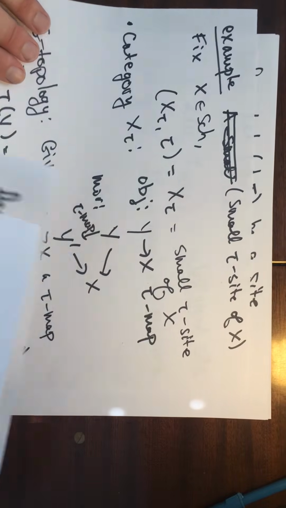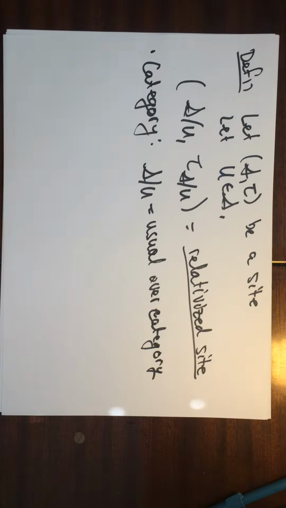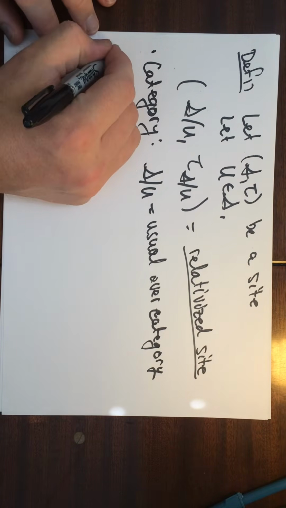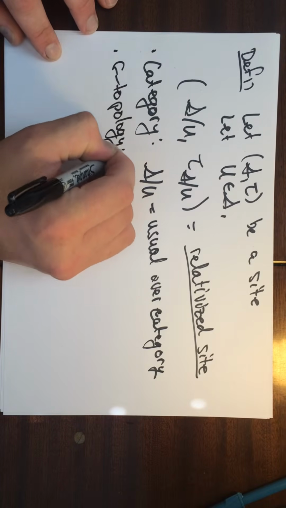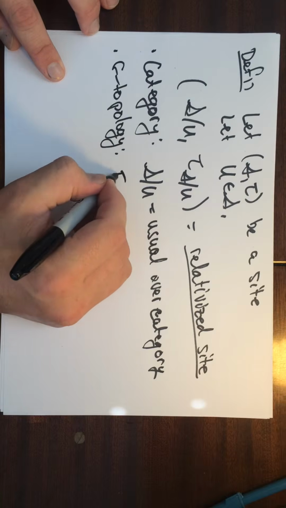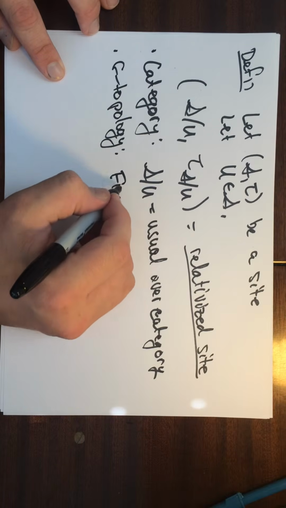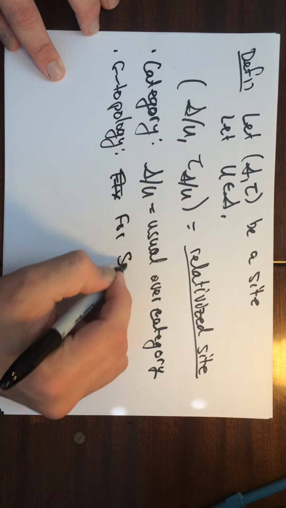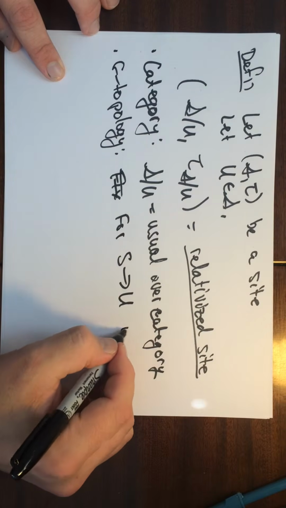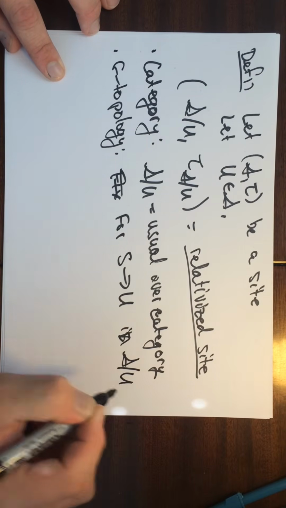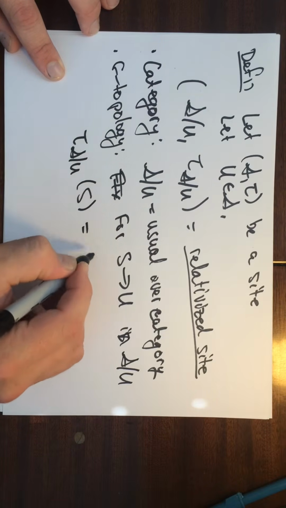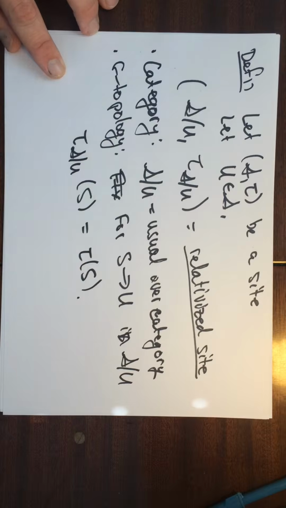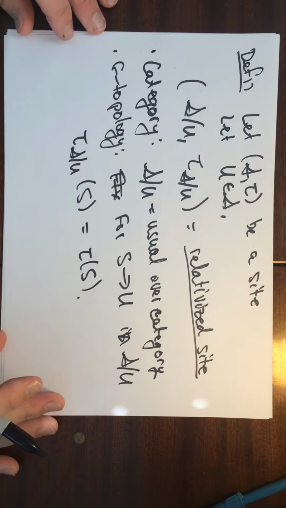But they just need to be a morphism in there. And then the Grothendieck topology is going to be the same. For S in C over U, we have that tau is just going to be the same thing. So we just take this and restrict it to this category.